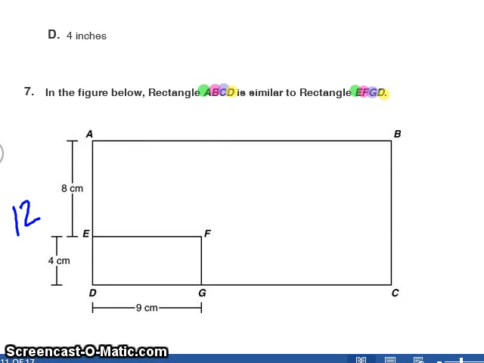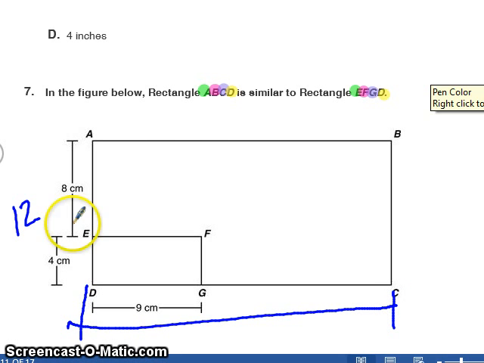So the question asks, what is the length of DC, from here to here? So I'm going to use a proportion, and I'm going to say 4 is the measurement for this little bitty triangle, and the corresponding side for the big, that's not a triangle, rectangle, is 12.